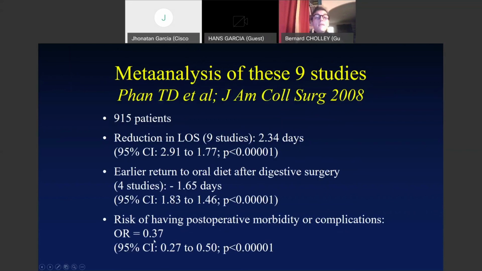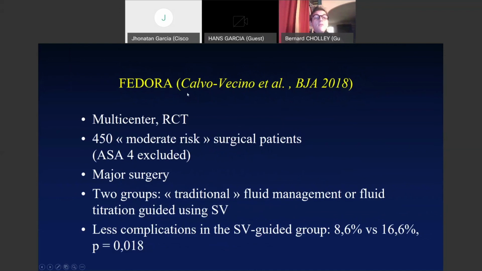More recently, there was this very nice trial published in the British Journal of Anesthesia, the FEDORA trial, which was a multi-center randomized controlled trial involving 450 moderate risk surgical patients that excluded ASA4. In fact, I wonder why, because these are probably the ones that would benefit the most from this procedure.